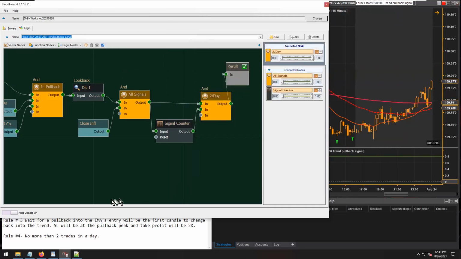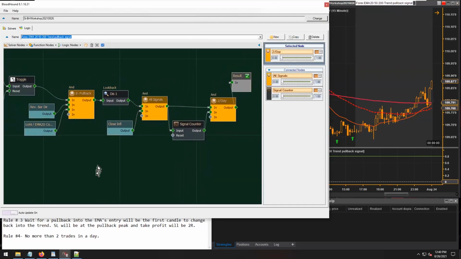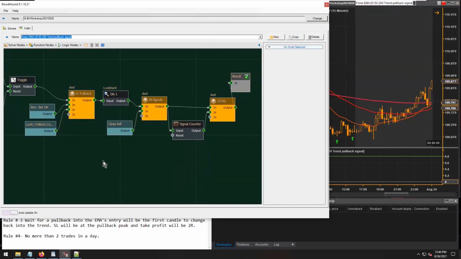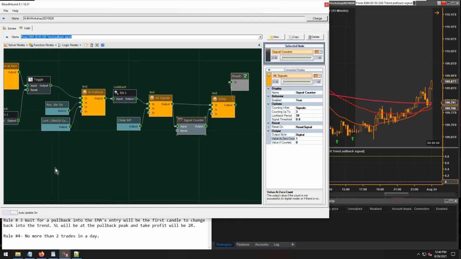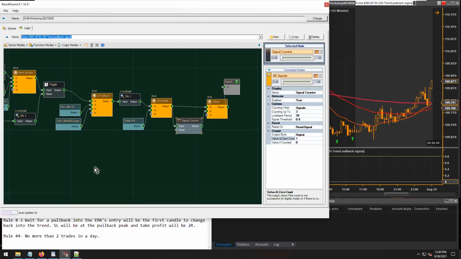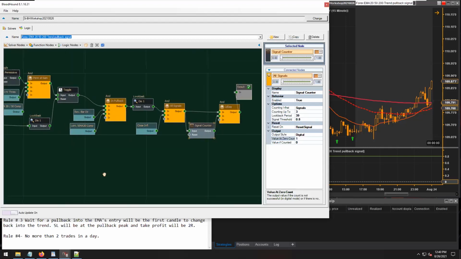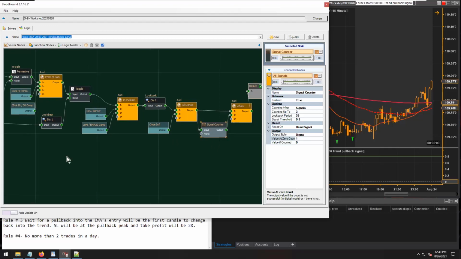Oh yeah, and let's see, there's one more thing I need to do here. I should use the reset connector on the signal counter. I probably don't need to, but it's just good practice to put a reset in there.